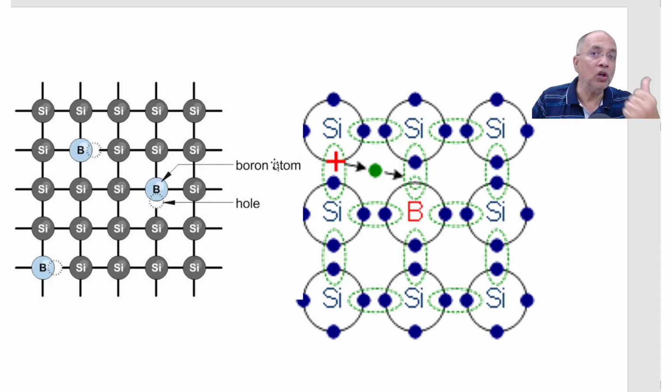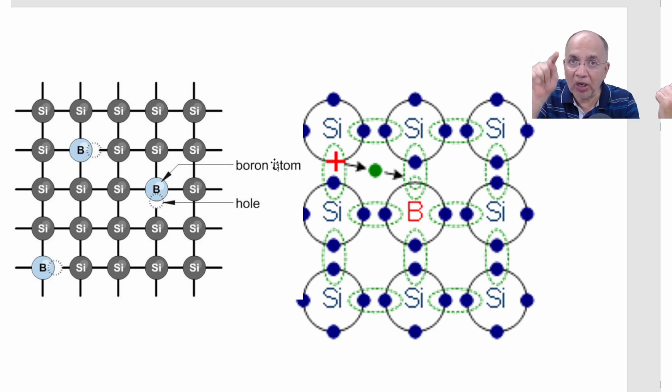So the hole migrates in one direction, for example leftwards. New holes are created, not the same hole. And the electron hops from one bond to the hole.